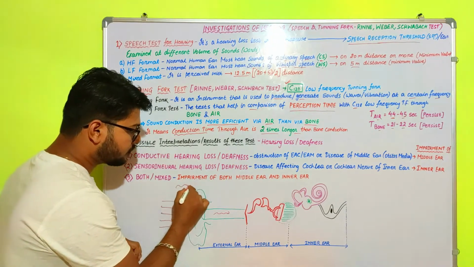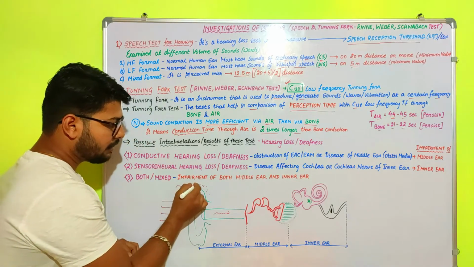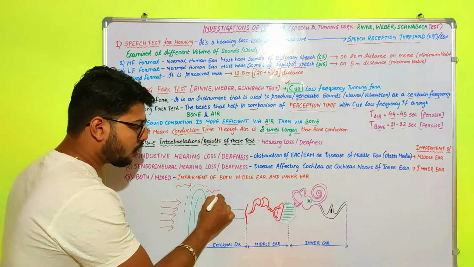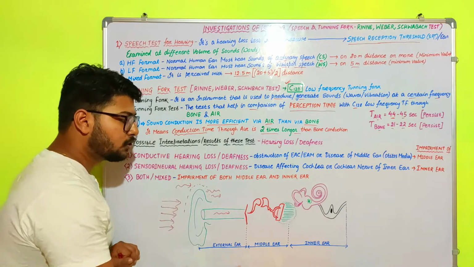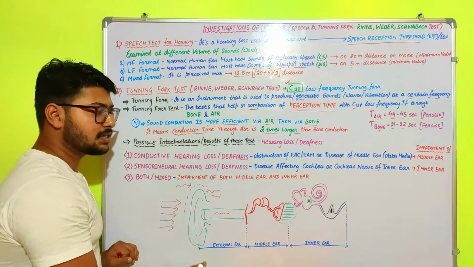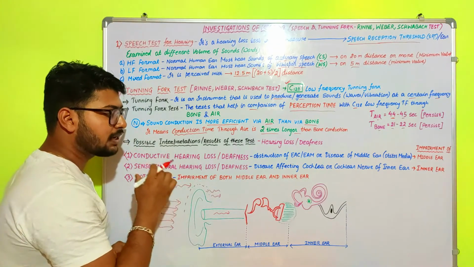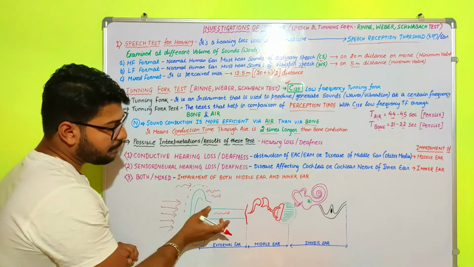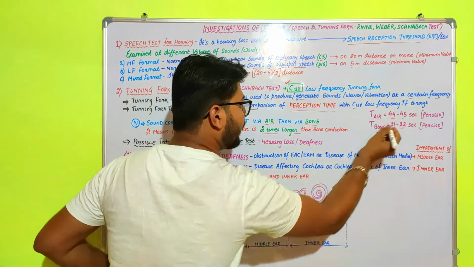When the sound wave comes nearest to the bone that surrounds the structures of the ear, there will be production of vibration inside the bone, and that vibration spreads along this direction towards the middle ear cavity. That is also going to generate some vibrations inside the ear ossicles that are present inside this middle ear. So the time taken for the vibration to spread through the bone surrounding the structures of the ear is around 21 to 22 seconds.